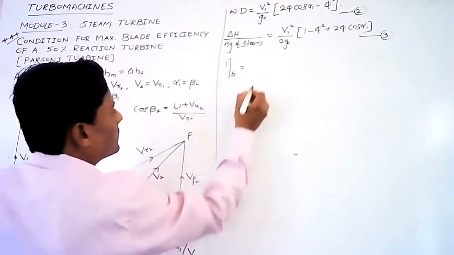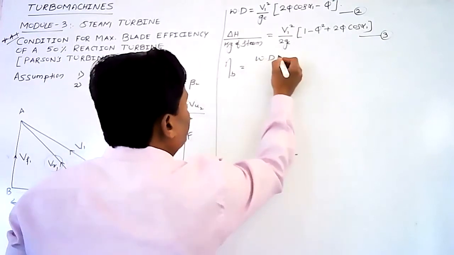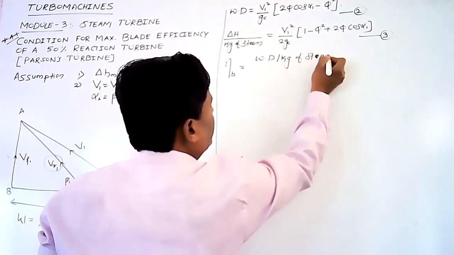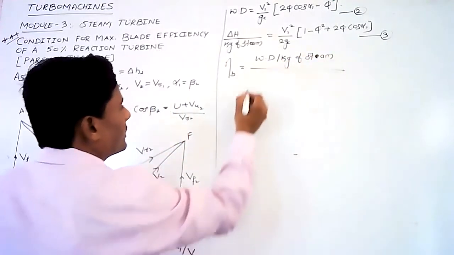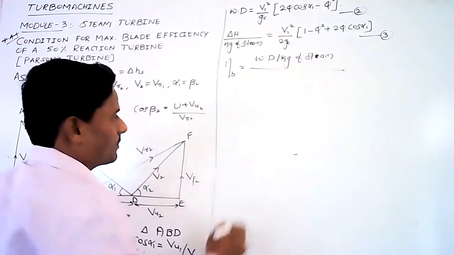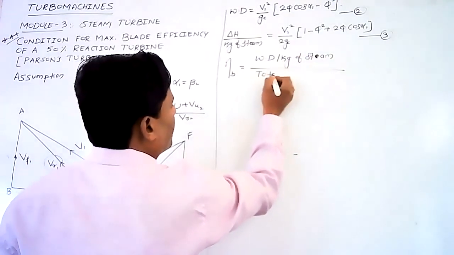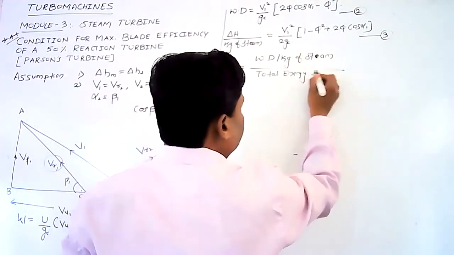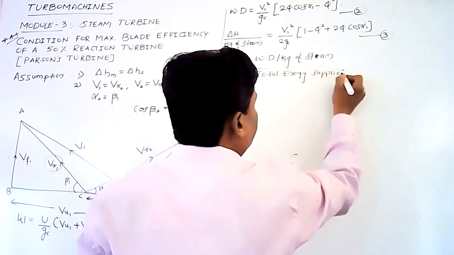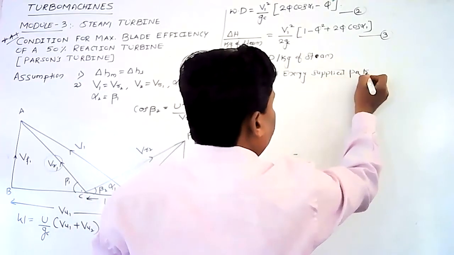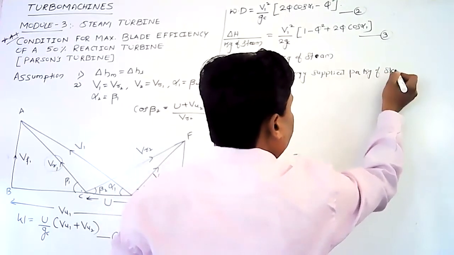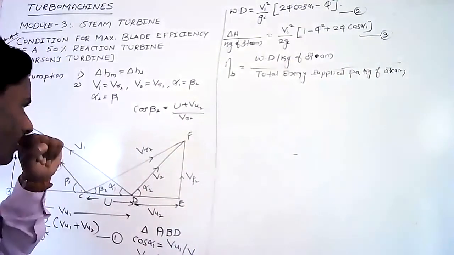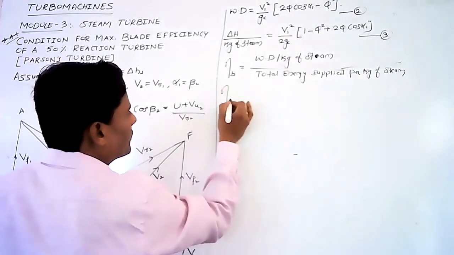So the blade efficiency is work done per kg of steam by the runner divided by the total energy supplied per kg of steam. Okay.